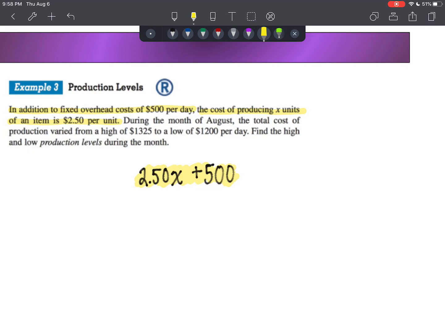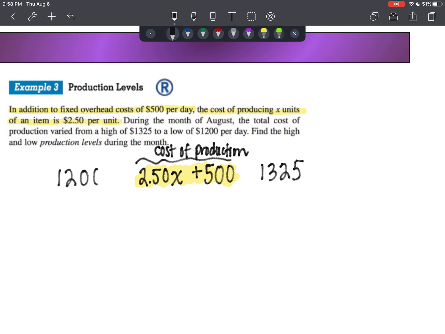Now during the month of August, the total cost of production, so now this is your cost of production, varied from a high of $1,325, so we're going to put our high on the right, and our low of $1,200 per day on the left.